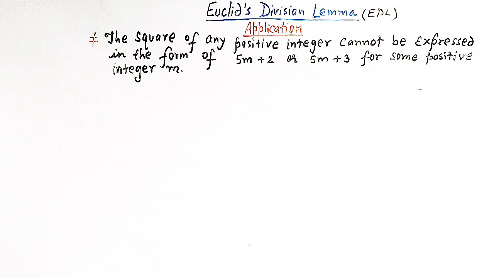Before proving this statement, let us first quickly see the statement of Euclid's division lemma, and we'll see how, using the concept of Euclid's division lemma, these types of problems can easily be proved. So let us start.